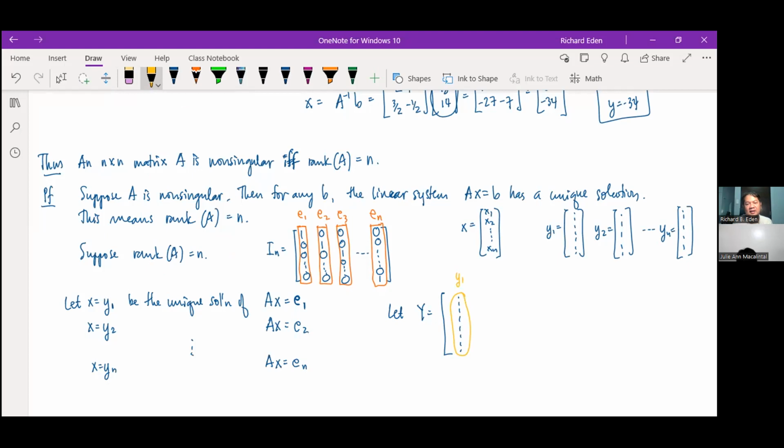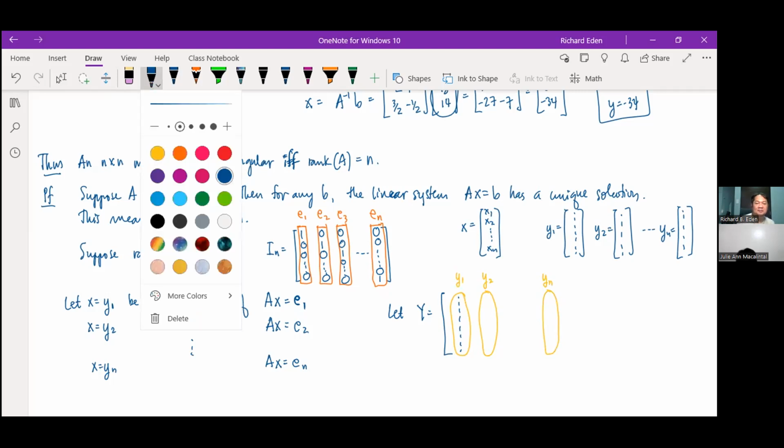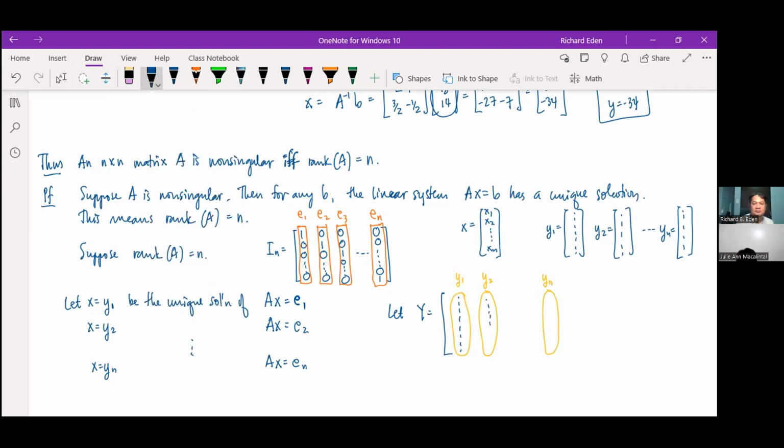The second column is what we got from the second system, Y sub 2, until we insert the last column, Y sub N, taken from the last system. And our claim is that this is the inverse of A.